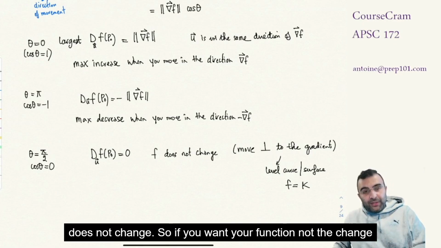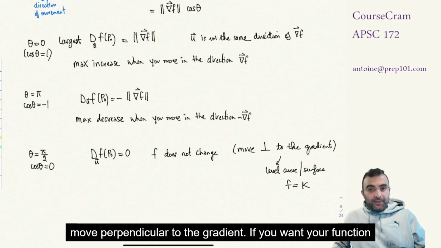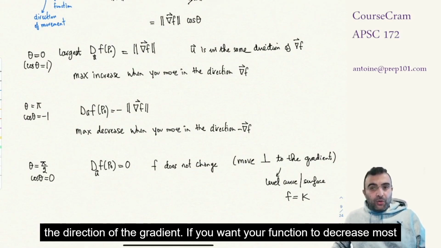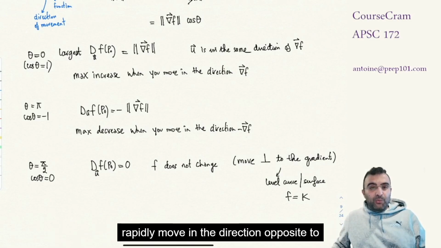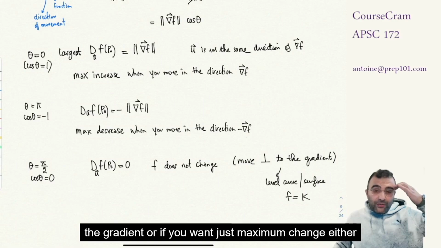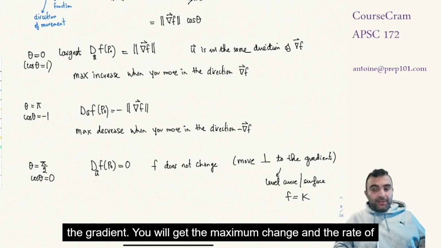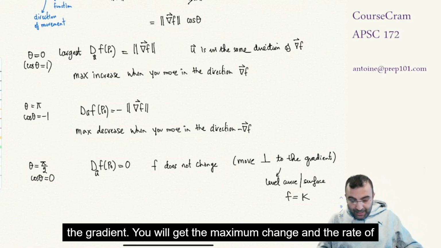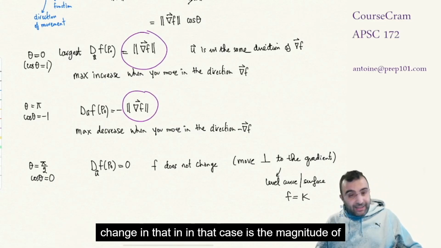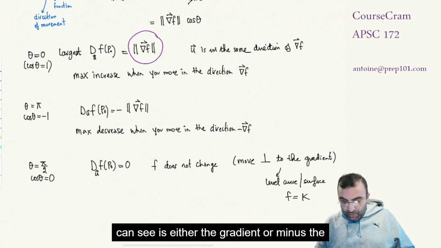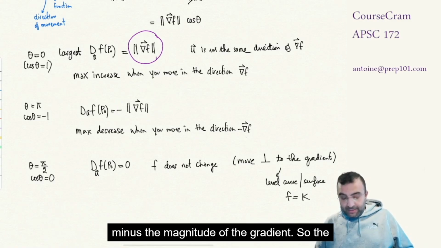So if you want your function not to change, move perpendicular to the gradient. If you want your function to increase most rapidly, go in the direction of the gradient. If you want your function to decrease most rapidly, move in the direction opposite to the gradient. Or if you want just maximum change, either in the direction of the gradient or opposite to it, you will get the maximum change, and the rate of change in that case is the magnitude of the gradient.